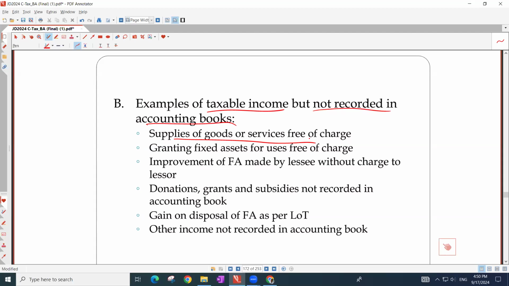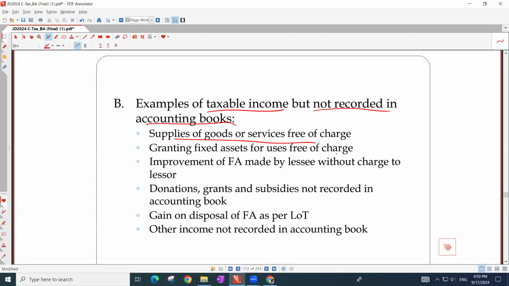Granting fixed assets for use free of charge. You have a fixed asset and you let somebody use it free of charge. You are also required to declare it as taxable income based on a market rate. Improvements of fixed assets made by the lessee without charge to the lessor.